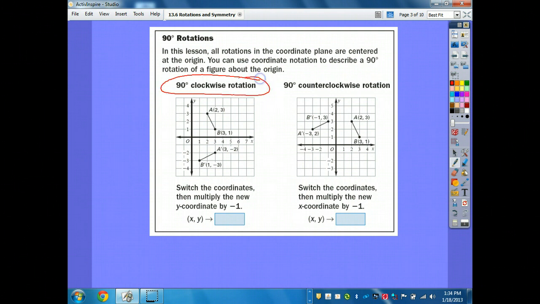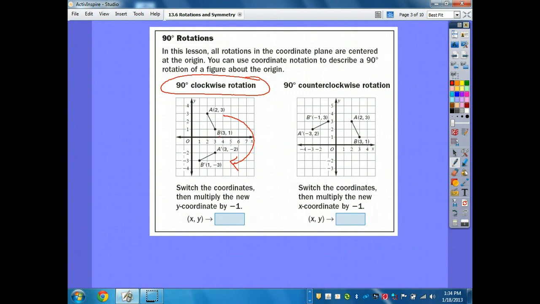Here they show us a 90 degrees clockwise rotation. So they went from here to here, 90 degrees clockwise. Now it's not easy to just go count from the y-axis like we did with our reflections. You can't just go down one here, so go down one there.